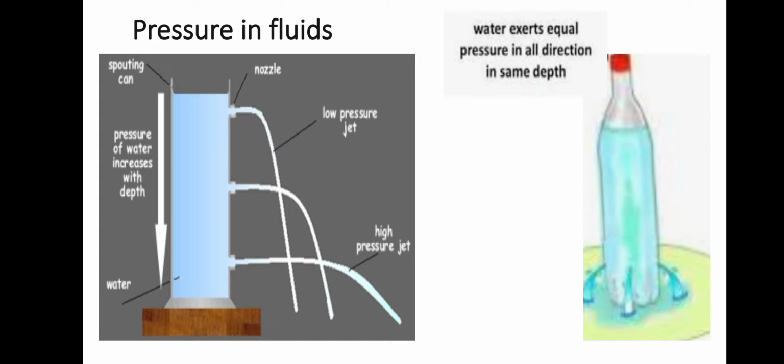When the spouting can is filled with water, we see that from the lowest nozzle the water is coming out with high pressure. So we can conclude that the pressure will be more at great depth.